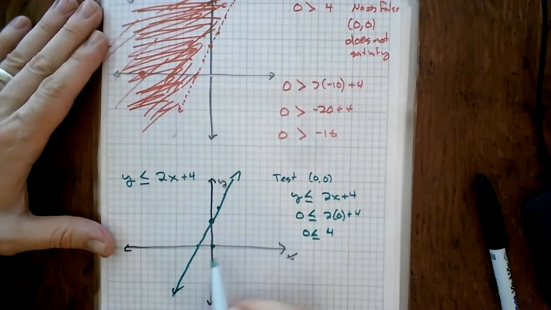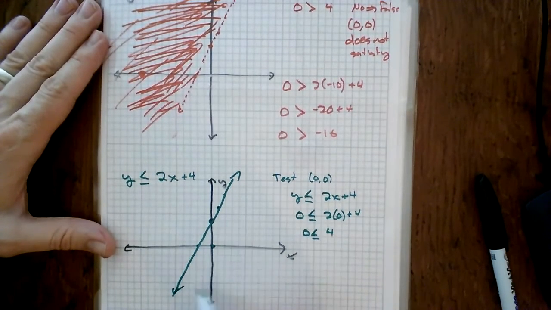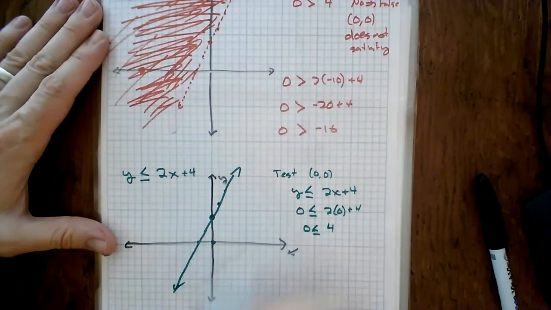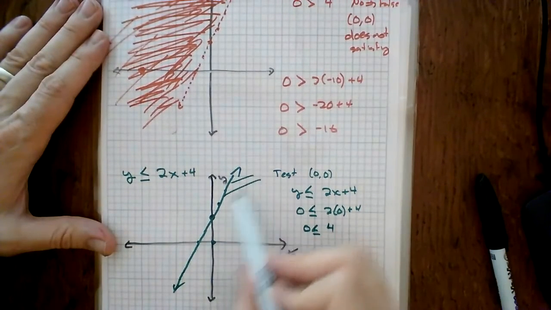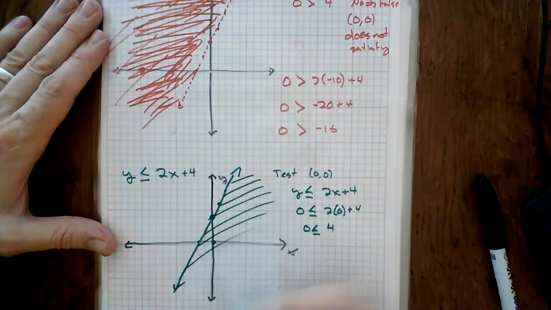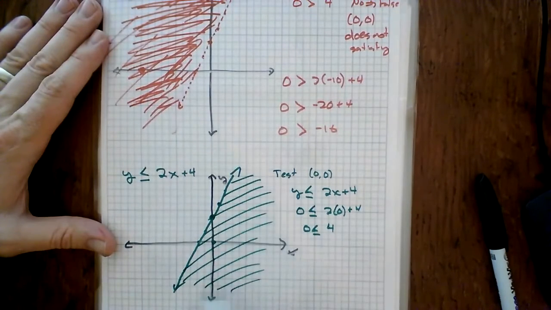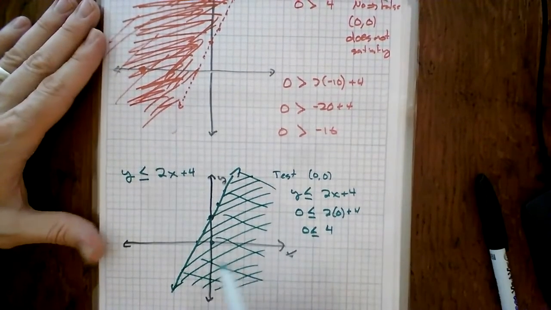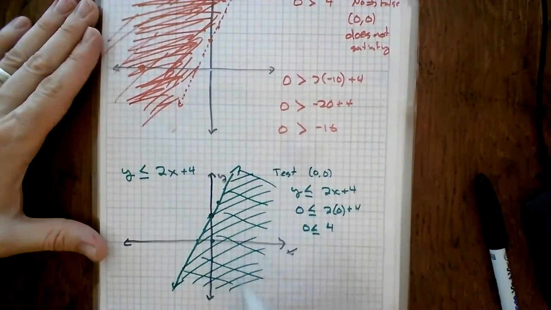And if we were to test all of the points on this side of the inequality, I would discover that they all work. So I'm shading in this whole entire side of the graph.